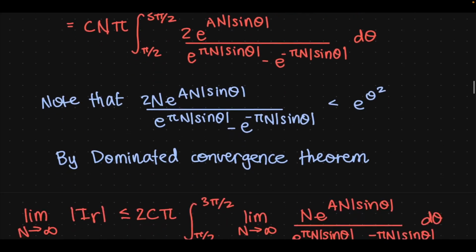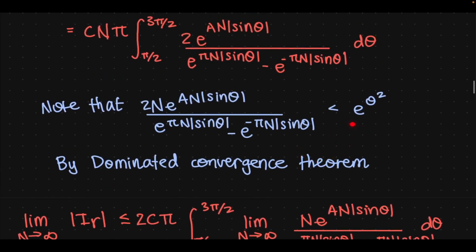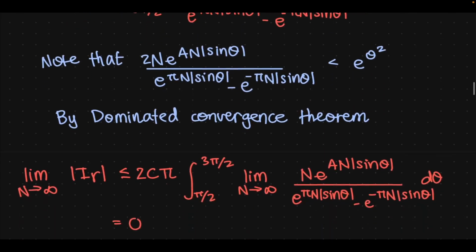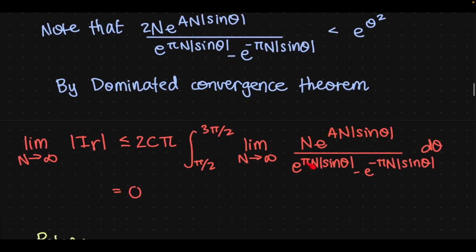So, by the dominated convergence theorem, and again, this is a sketch of the argument you would do, you can take the limit inside the integral, and then we notice that this quantity entirely goes to 0.